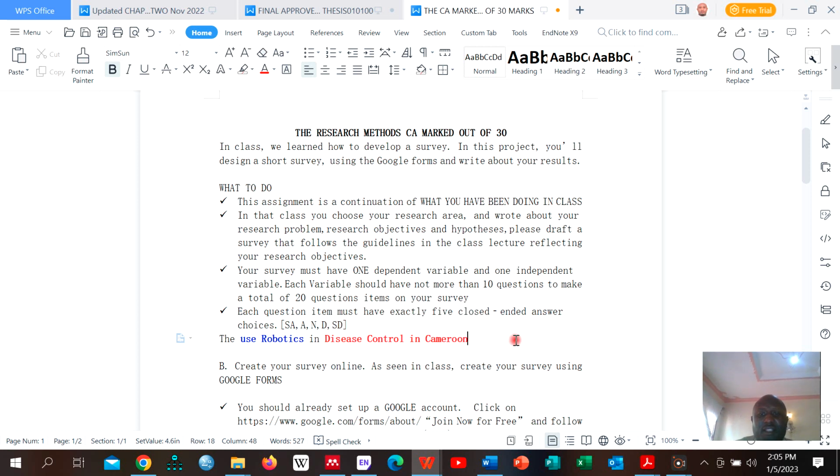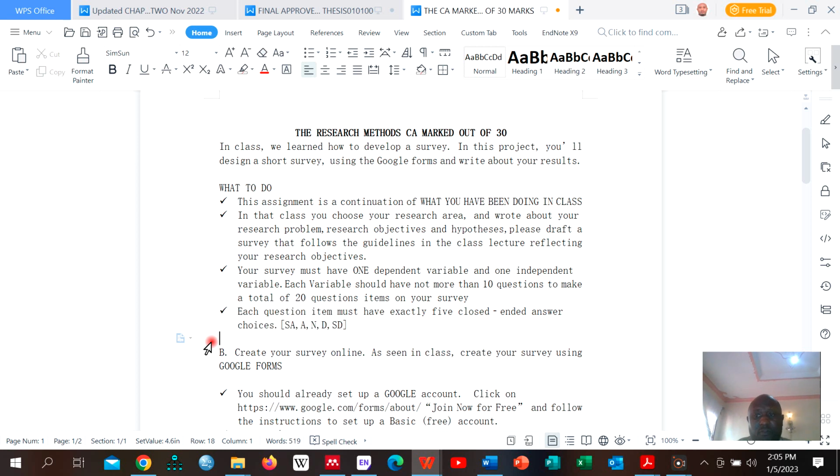So that is how you can pick out on this kind of topic, and then each of you should have something like that in your topic statement so you get it clear. So here we are saying your survey must have one dependent variable and one independent variable.